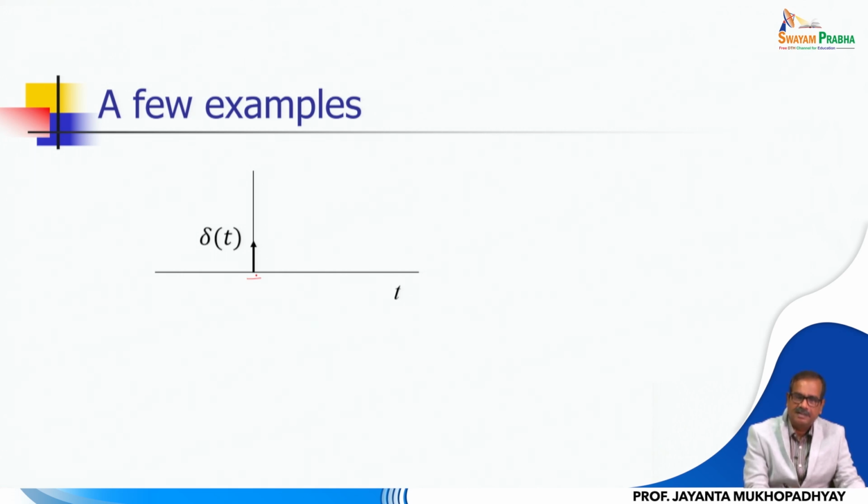Though it is an infinite pulse, if I take the integration of this function, the sum of areas should be finite, and it is equal to 1 for a unit impulse function. This is a property that you have.